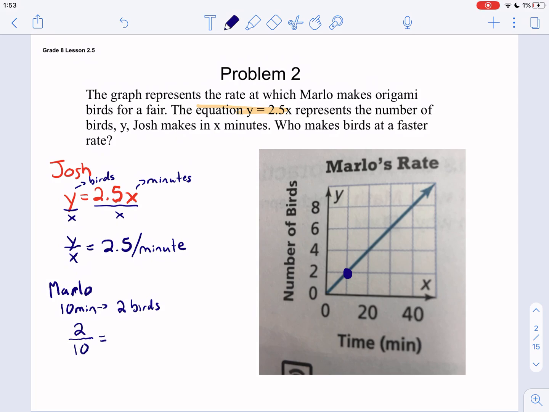So that gives me 0.2 birds per minute. That means that Josh makes the birds at a faster rate.